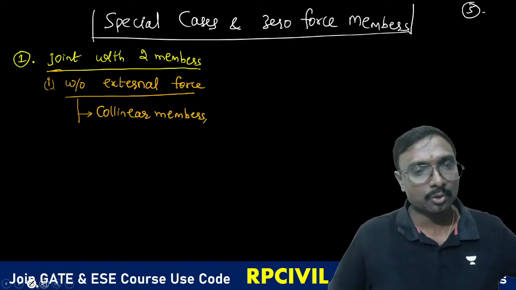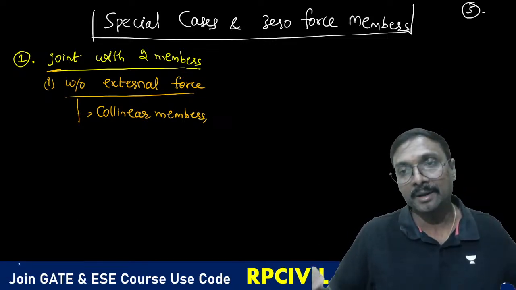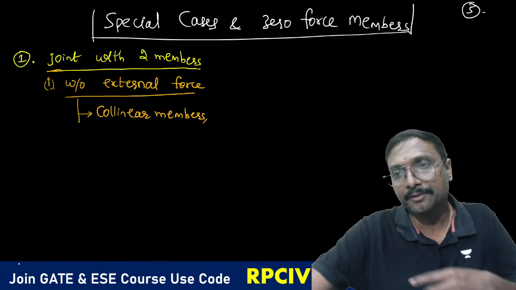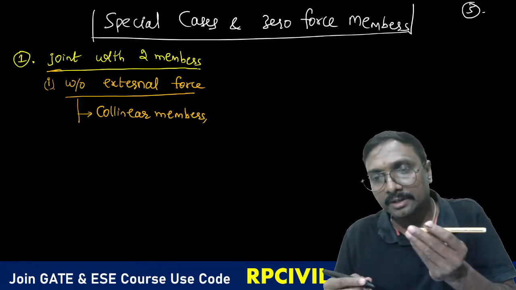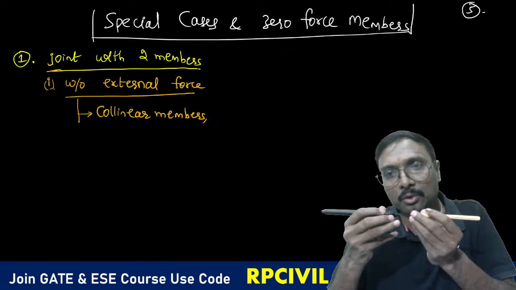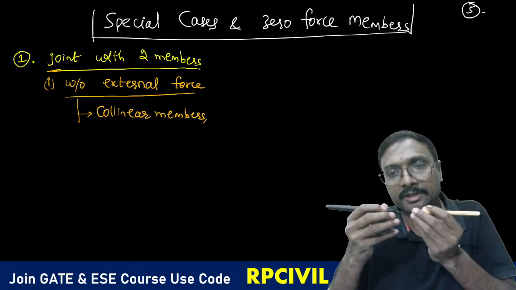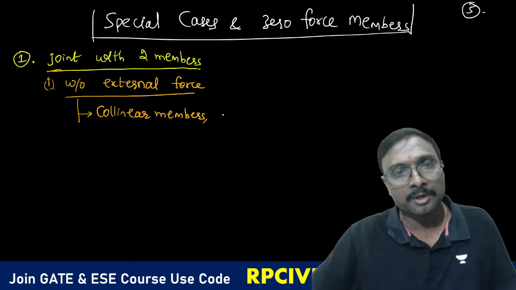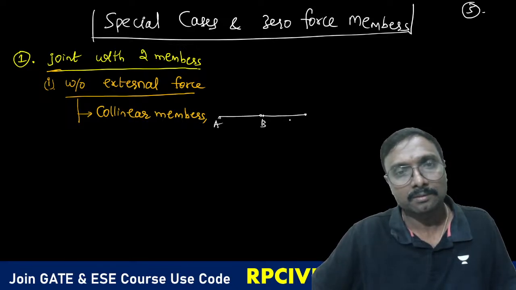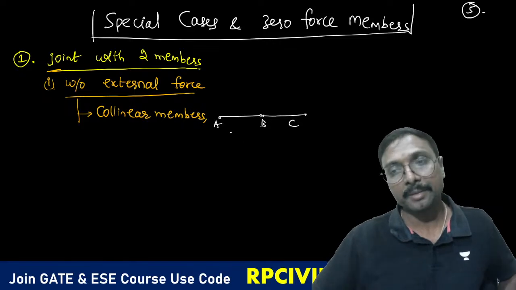What is the meaning of collinear members? Collinear means they are present in the same line. If you observe, this is one member, this is another member. Collinear members means these are present in the same line. They are meeting like this, right?